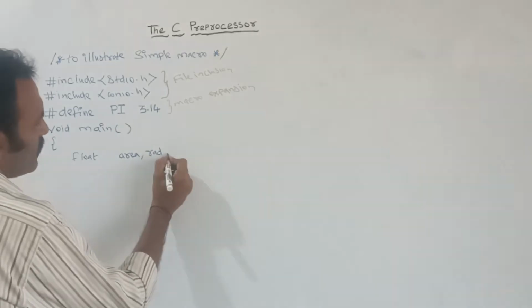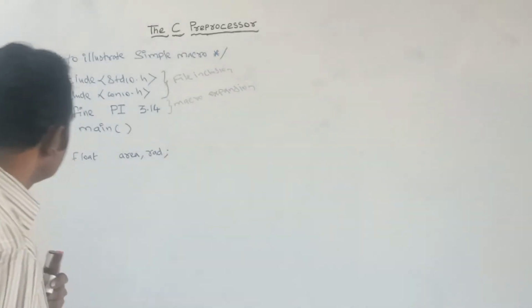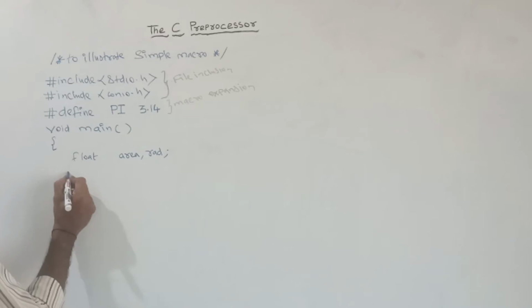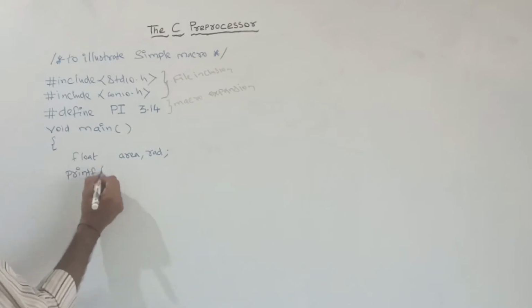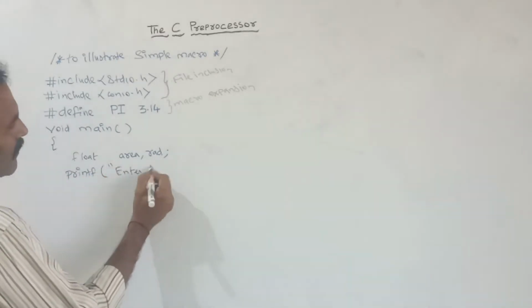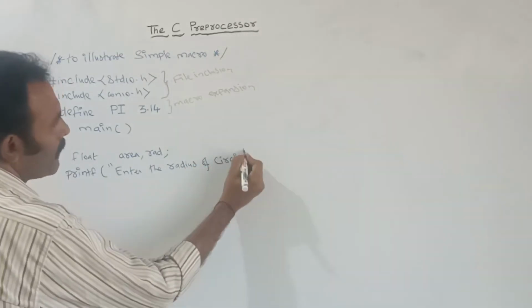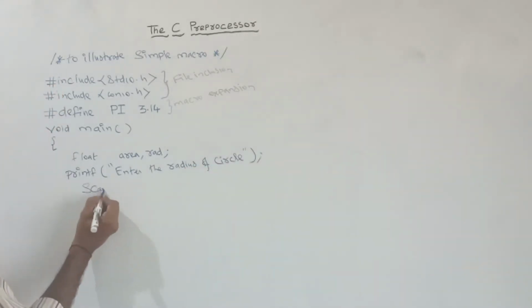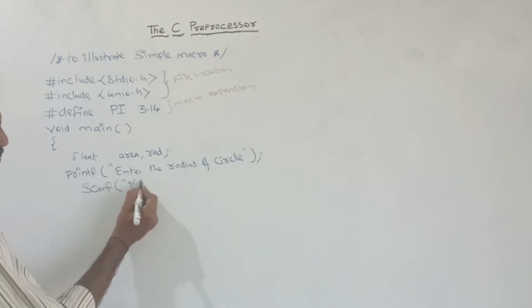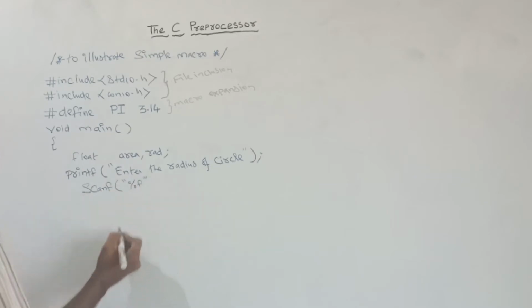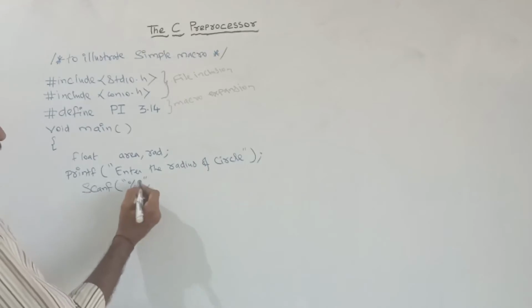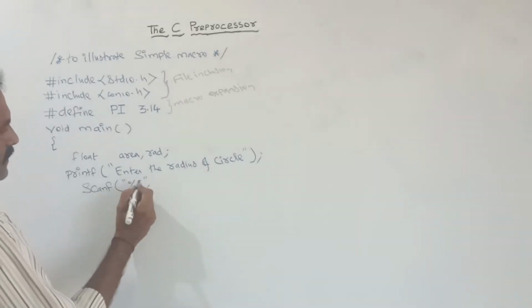Totally 2 variables I have declared. Next here this one is float data type. So while getting the input you should use %f.